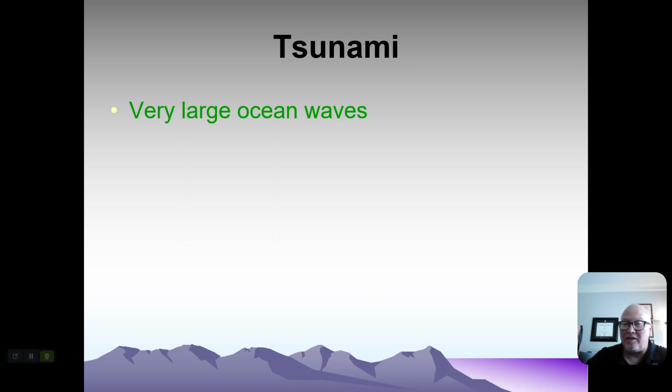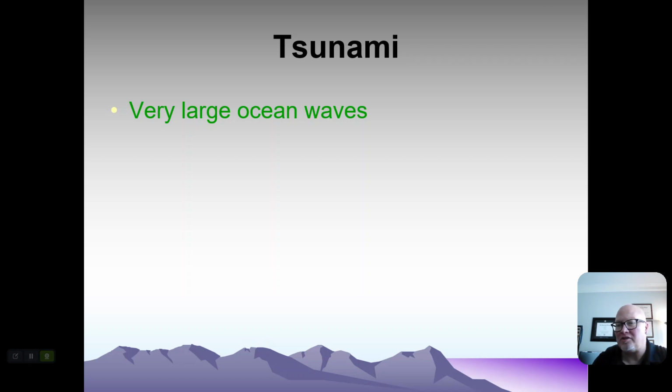So think about just completely displacing an awful lot of water. In fact, most things that create artificial waves in pools and things like that, really that's more like what a tsunami is than like regular waves.